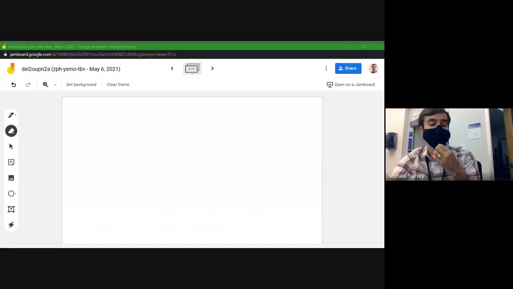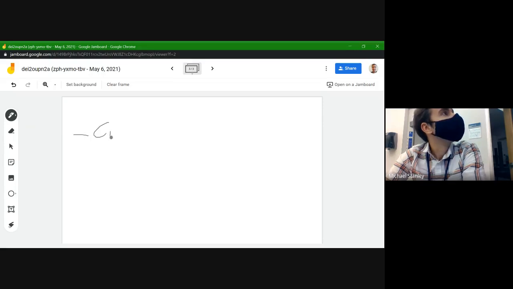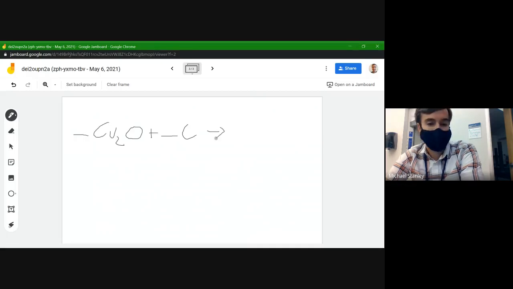Third question on the homework and last example that we're going to do together today is a little bit trickier once again, because now we're going to work with 3 atoms. Cu2O, copper oxide, Cu is copper, plus carbon gives us copper and carbon dioxide, CO2.